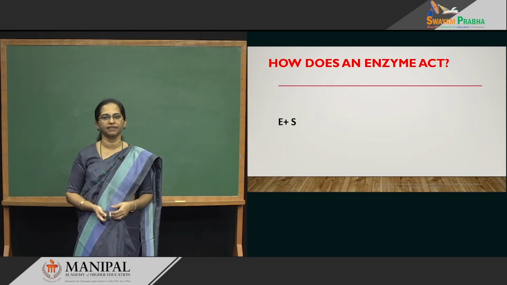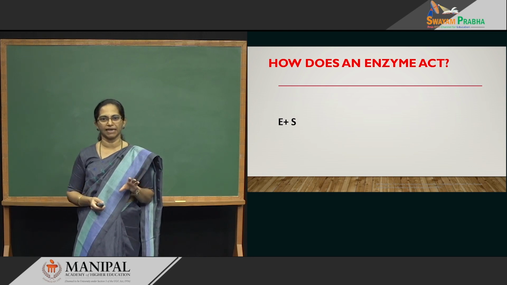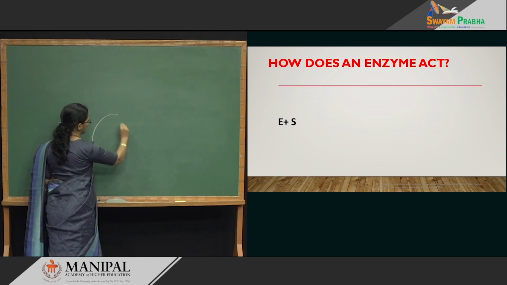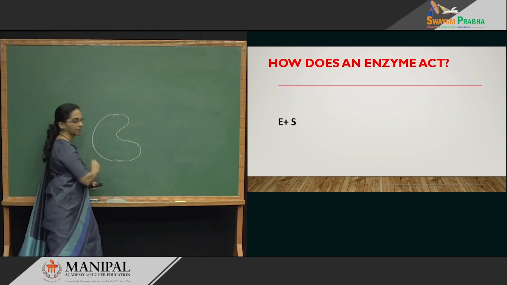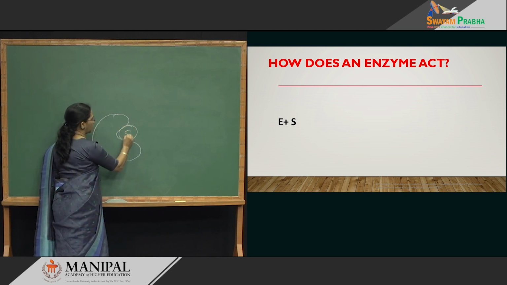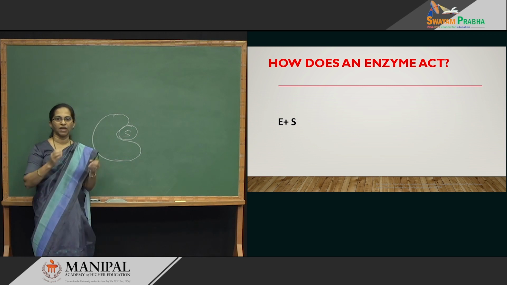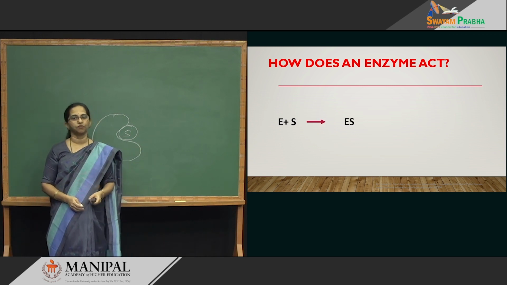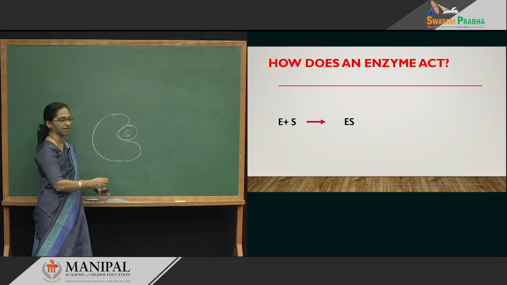Let us move ahead. How does an enzyme act? You have an enzyme. That enzyme will have an active site, and on the active site you will have a substrate coming and sitting. So, enzyme and substrate join together. What forms is called the enzyme substrate complex.